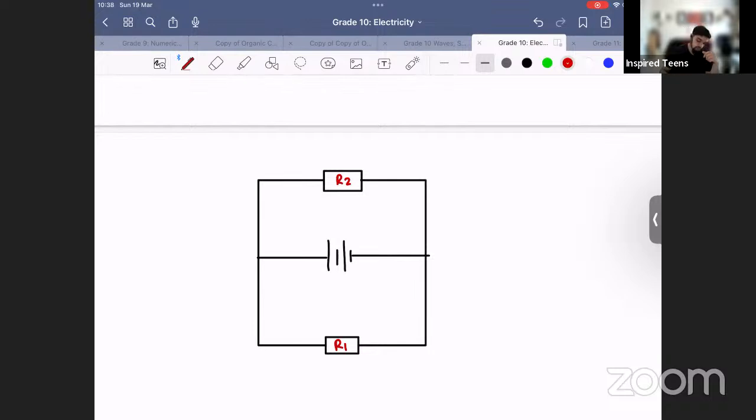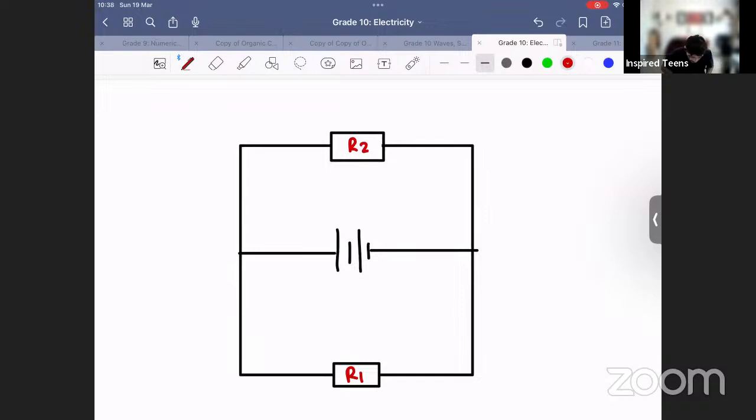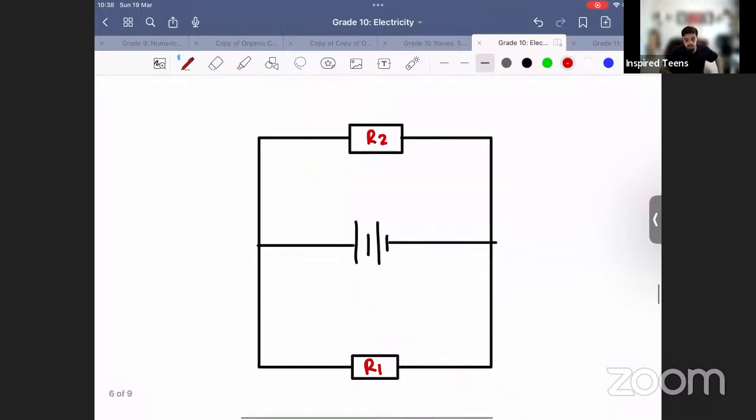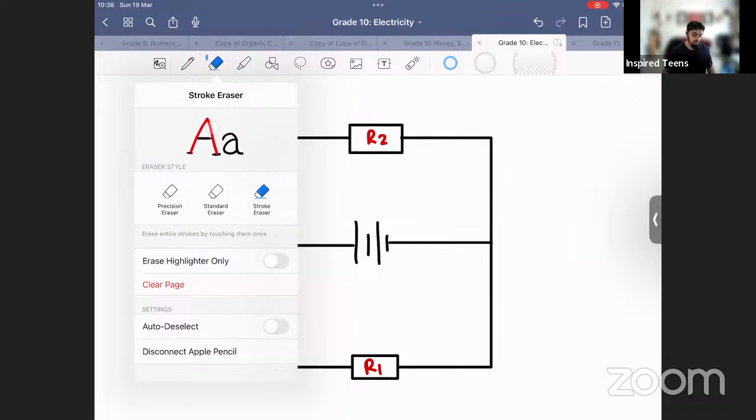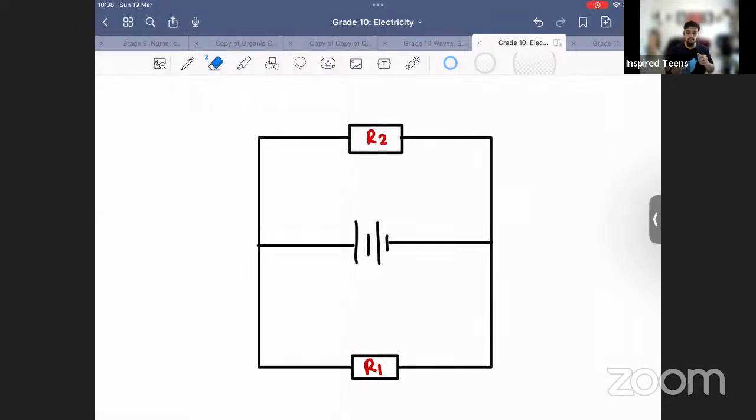Okay, R1, R2. Connected in series or parallel? Which one is series? Which one is parallel? Explain to me, somebody. Okay, parallel, very good.